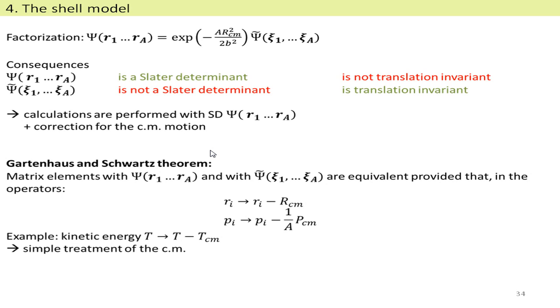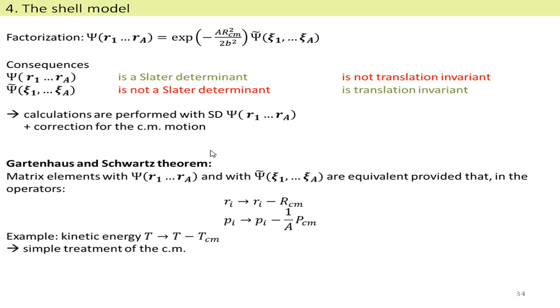If you consider now matrix elements with this function, there is a theorem, the Gartenhaus and Schwarz theorem, which tells us that the matrix elements of any operator between these Slater determinants, or this part of the Slater determinants, are equivalent, provided that in the operators you replace the space coordinates and the momentum by expressions corrected by the center of mass, or by the relative momentum of the center of mass.